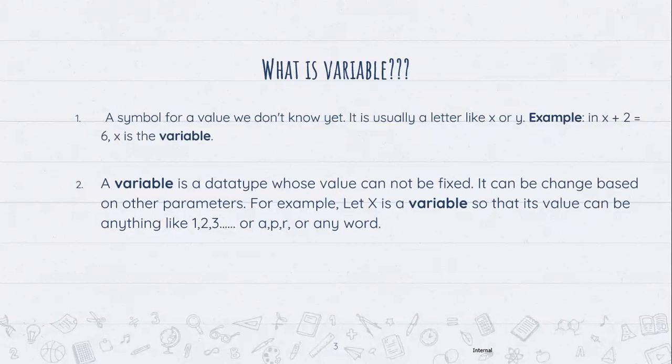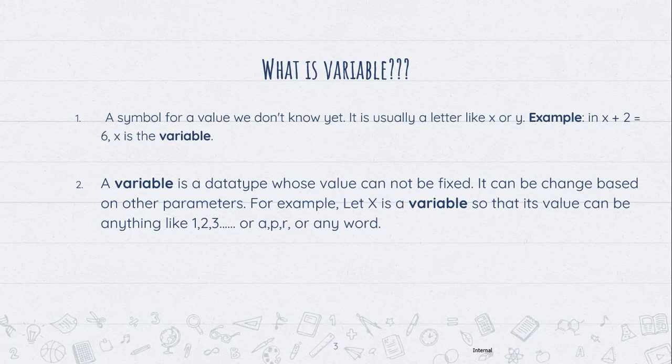You can't say x is equal to 5 and everywhere you use x it will be 5. If you say x is a variable, that means its value can be changed. Now it's 5, it can be 6, it can be 7, anything. That means the value is varying according to the need.